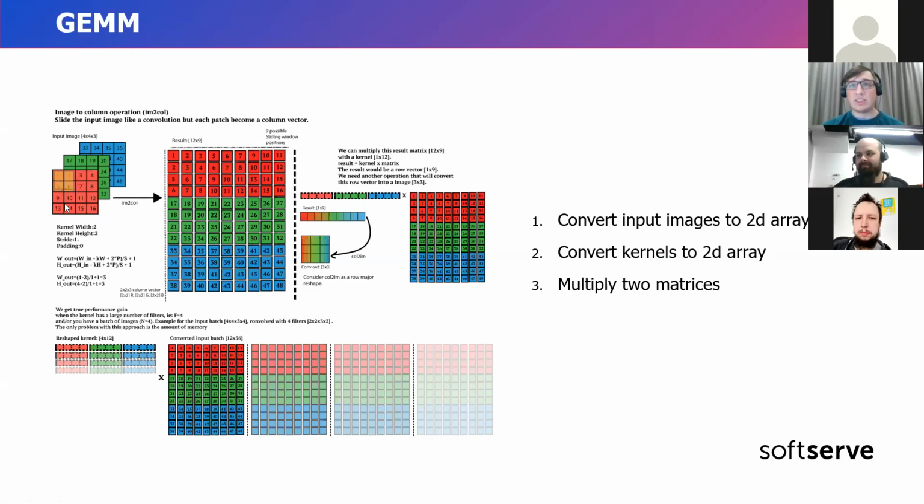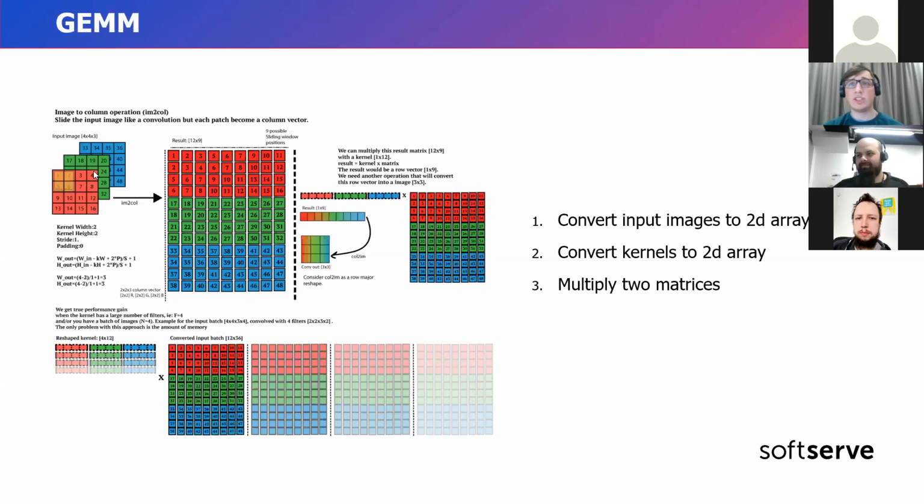The image size here is just 4 by 4 for simplicity. We apply a convolution, this orange filter, to the image with size 2 by 2. And here we have step size equal to 1, so we move this filter over the image with a step of 1.